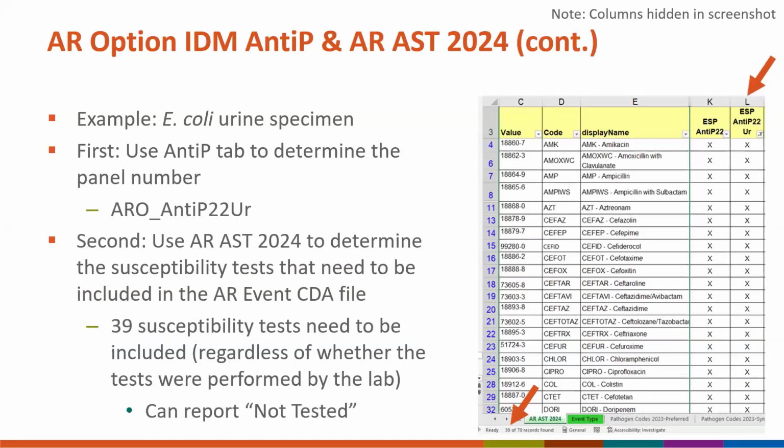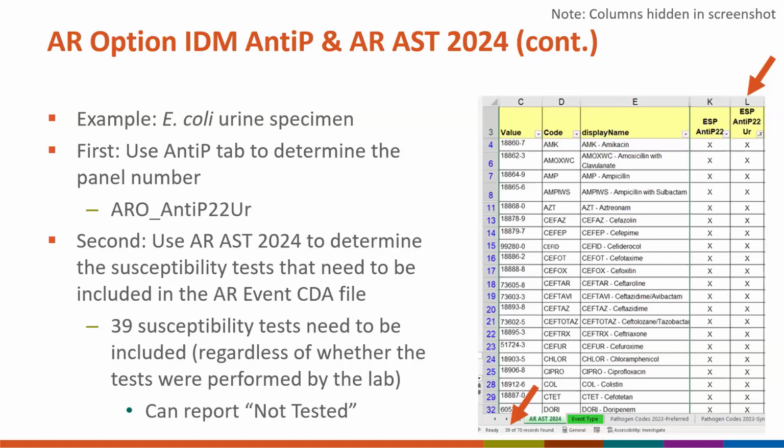So then, since we've used the anti-P tab to determine the panel, anti-P22UR, next, I need to go to the AR-AST 2024 tab to determine the susceptibility tests that need to be included in that specific AR file. So I can filter on column L, or the column for anti-P22UR, to see only those drug tests with an X, meaning only those that are required.